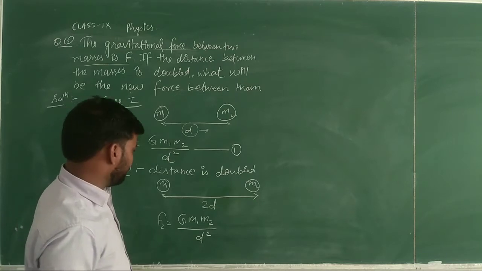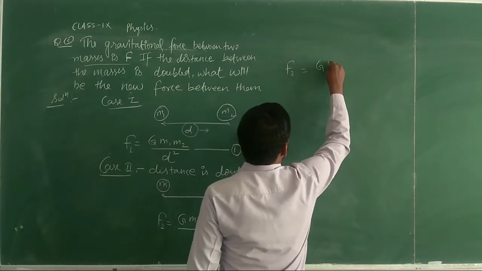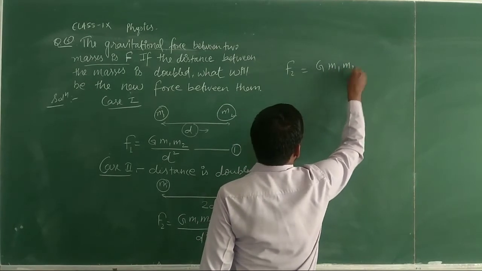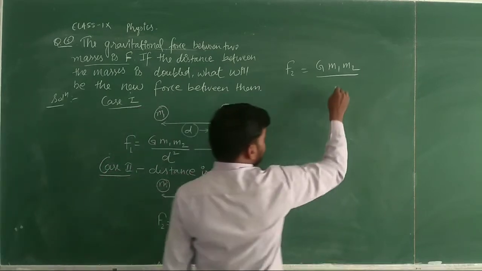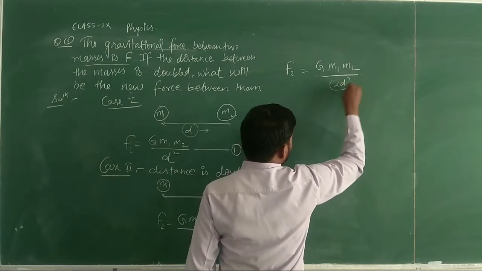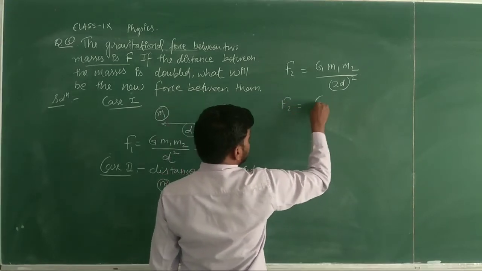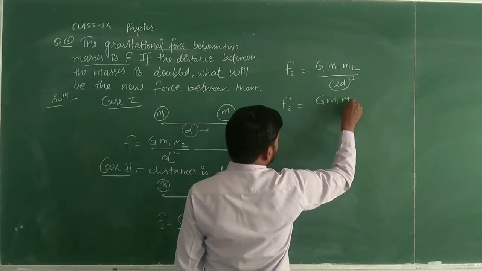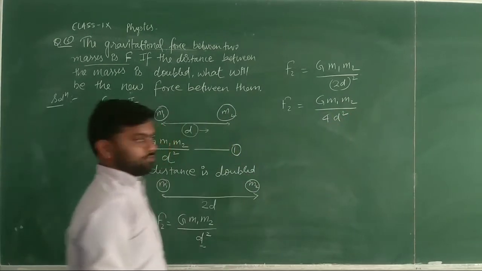Now we will put in the values. F2 will be equal to G m1 m2 upon, now we will place 2d at the place of d, squared. Now F2 will be G m1 m2 upon 4d square.